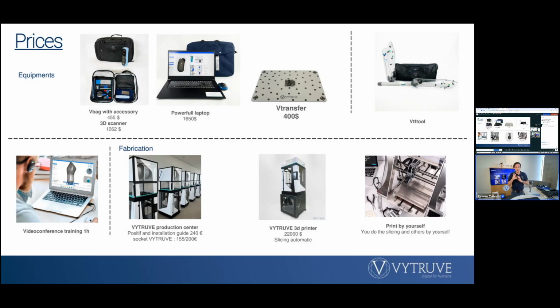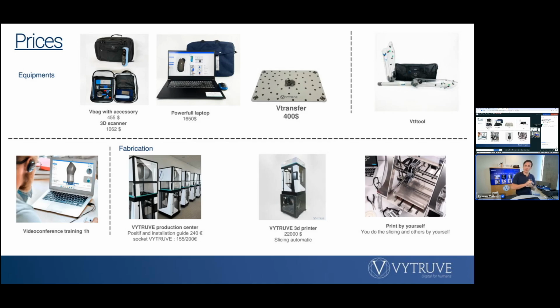So you can perform upper limb, lower limb, TF, TT, check and definitive sockets just with this equipment. If you want to start with V-Transfer, it's just 1 hour in video conference for the first digitalization. So it's very easy to start.